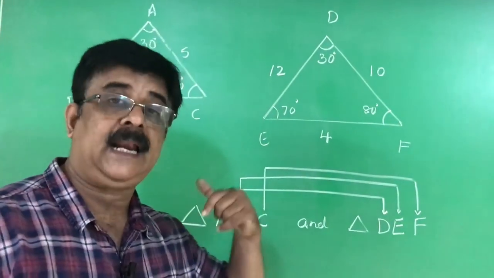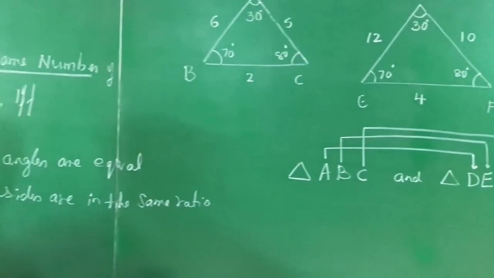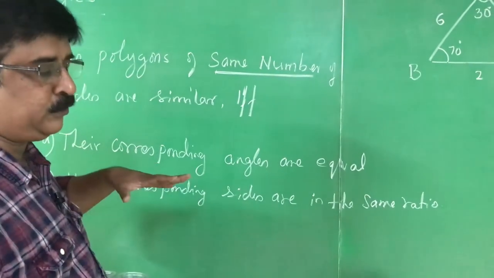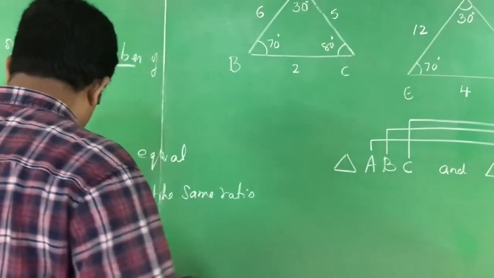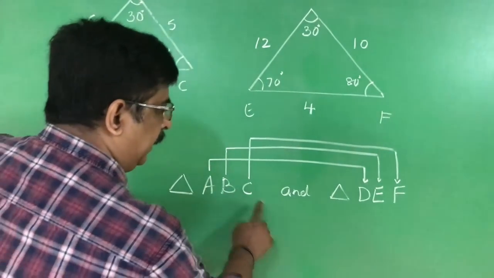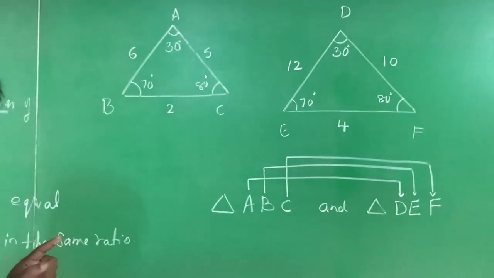Corresponding angles are equal. And the second condition is their corresponding sides are in the same ratio. How to identify the corresponding sides? Very simple. A, B, C and D, E, F are written in the correct order of the corresponding angles.